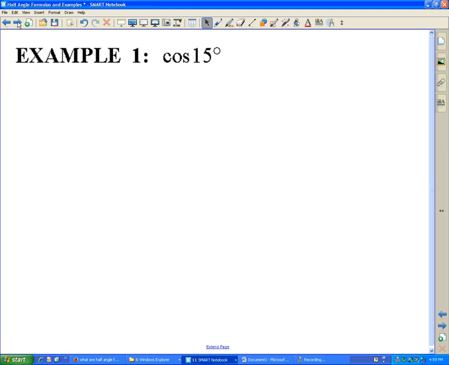First example, cosine of 15 degrees. 15 degrees is something we cannot look up on our table of values. It's not something that you'll find on the unit circle. It's not a 30 or 45 or 60 degree reference angle, but I could rewrite the cosine of 15 degrees as the cosine of 30 degrees divided by 2. Okay?